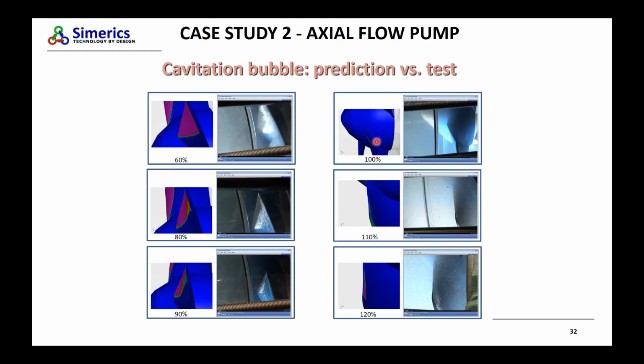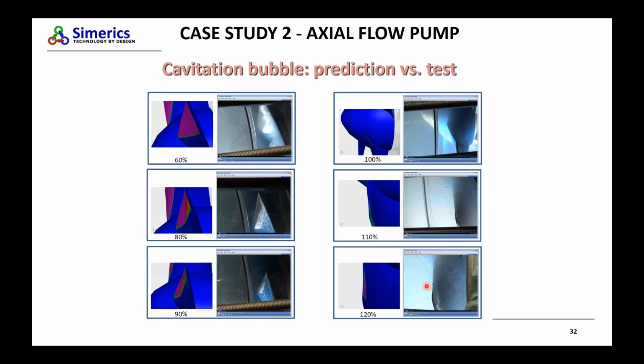And this is at 100%. You can see the bubble is almost disappearing. At 120%, you can see a very thin bubble on this side. So this is one of the validation studies that we show at different flow inlet conditions. We are able to capture the inception and the size and the nature of the bubble quite accurately.